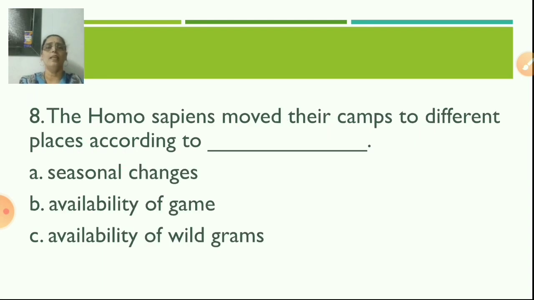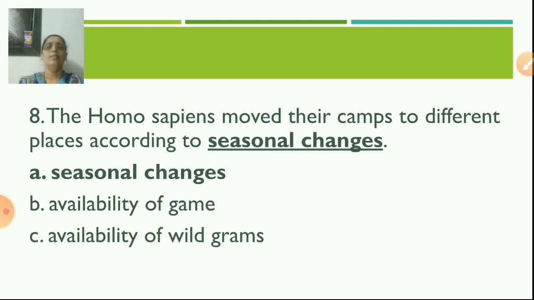Okay, now the next, eighth. The Homo sapiens moved their camps to different places according to dash. Options are A. Seasonal changes, B. Availability of game, C. Availability of wild grams. And your answer is A. Seasonal changes. So students, the Homo sapiens moved their camps to different places according to seasonal changes.